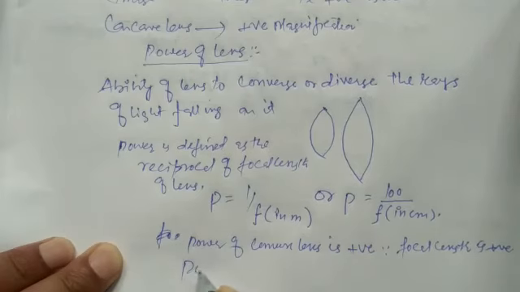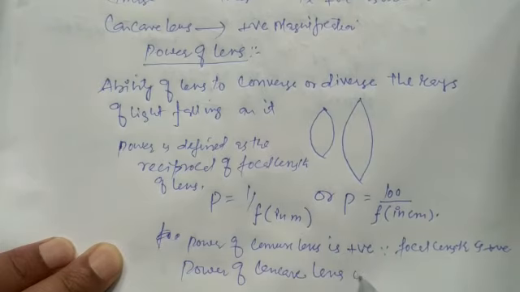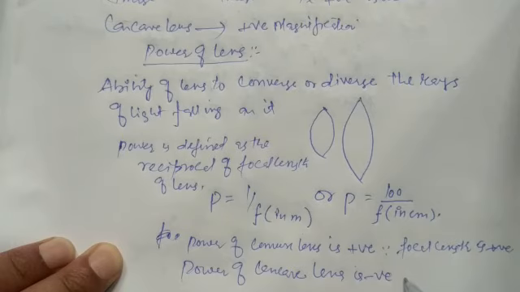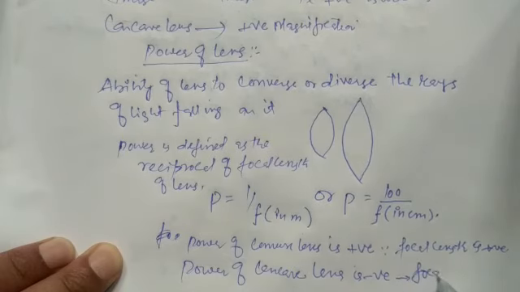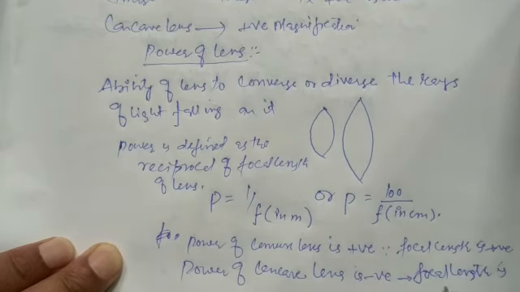And power of concave lens is negative, because its focal length is negative.